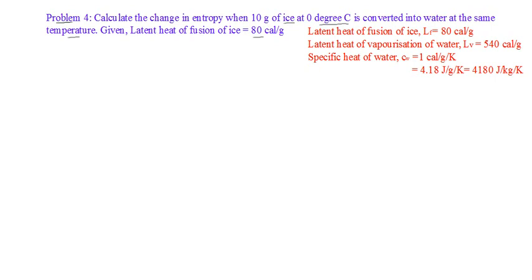See, on the side I have given some more data. This data I will discuss at the end. These data are not used for the present problem, only one of them is used, but I strongly suggest you remember at minimum these three data whenever you are trying to solve a problem in entropy change.